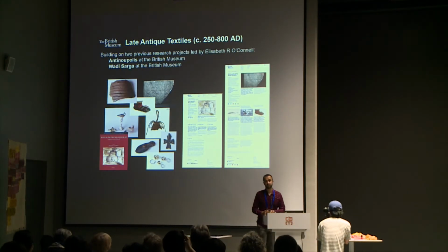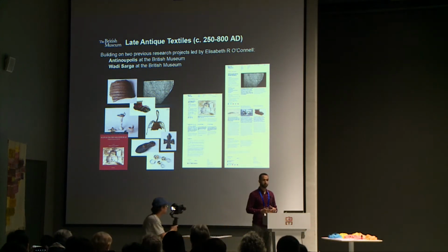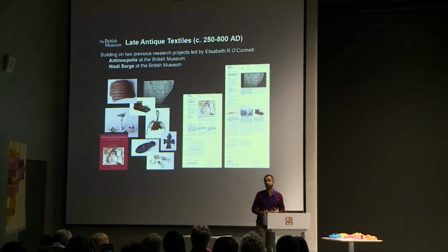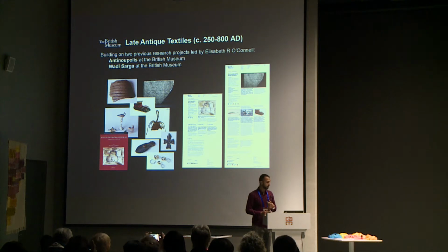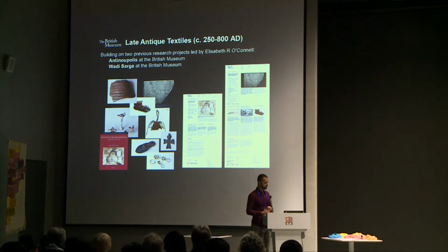And so the first project that we worked on in this perspective was the Late Antique Textiles project. It was not new. It was building on a couple of projects led by Elizabeth O'Connell, and they were based on excavation work in Antinopolis and Wadi Sarga, which are two very famous ancient Egypt excavation sites.